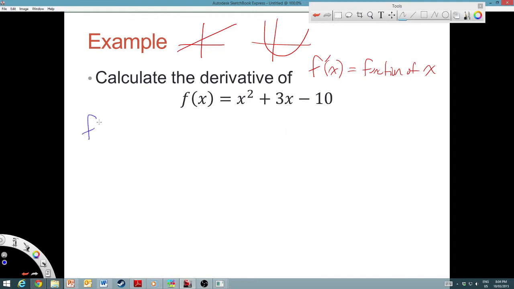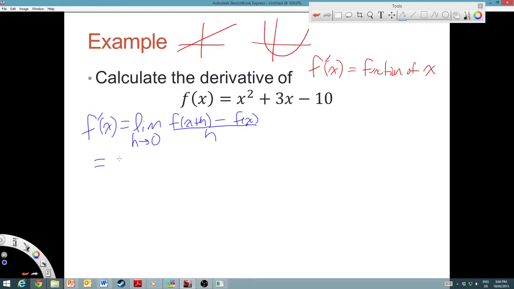So we write my derivative equation. f prime of x is equal to the limit as h goes to 0 of f of x plus h minus f of x, all divided by h. So let's expand this a bit.